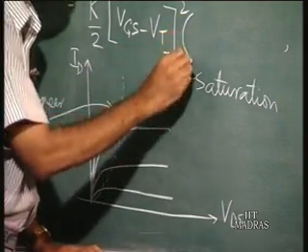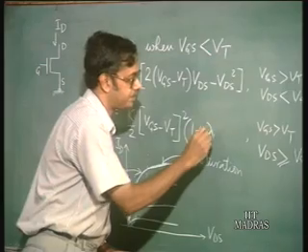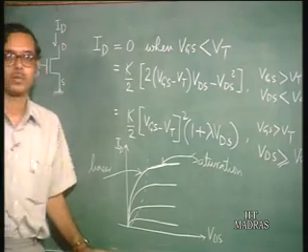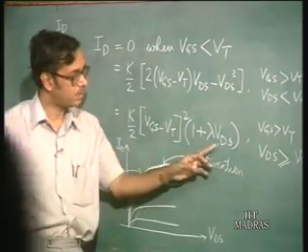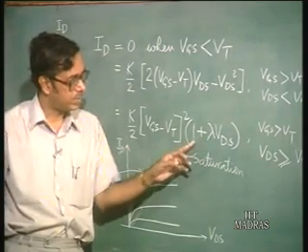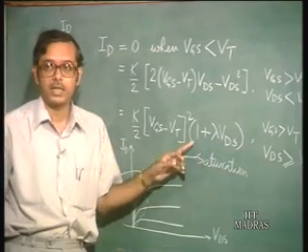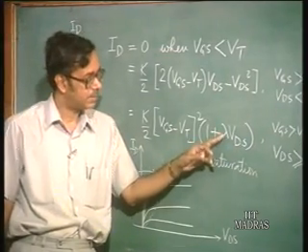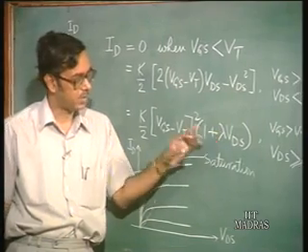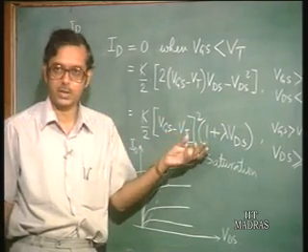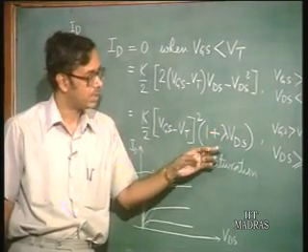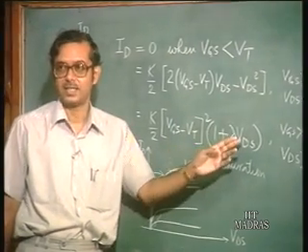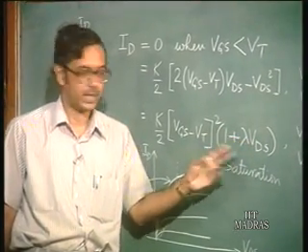So, usually you have one more term, 1 plus lambda VDS, which means that with drain to source voltage the current increases slightly. This lambda is a small quantity, much less than 1. So, with the drain to source voltage there is a small increase in the drain current.